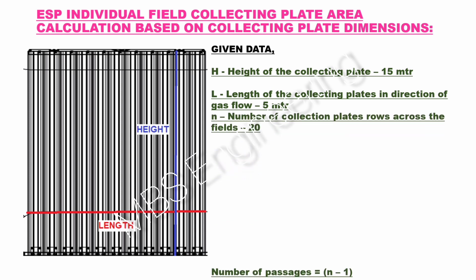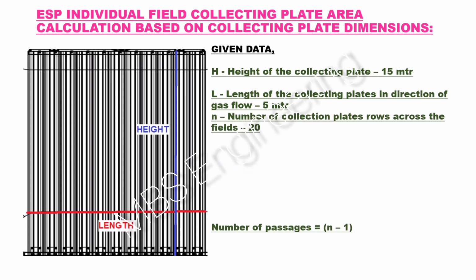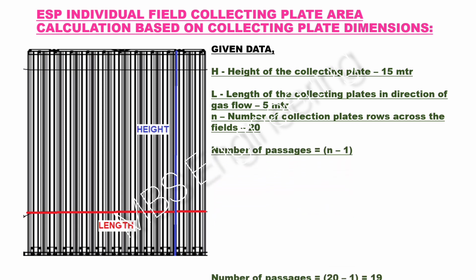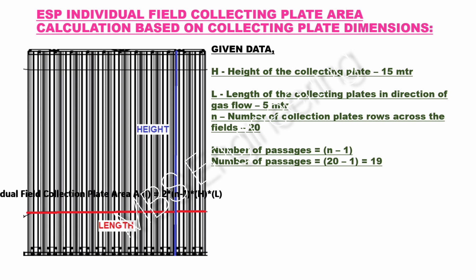N is the number of collection plate rows across the fields, 20. The number of passage calculation equation, as given below. Number of passages is n-1, or number of collection plate rows across the field minus 1. The number of passages is 20-1, 19. The number of passages is 19 for this ESP system.